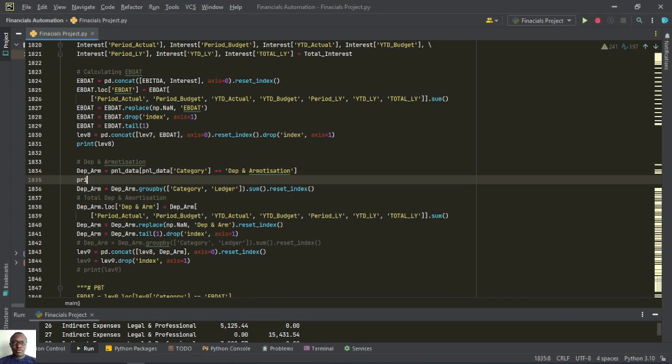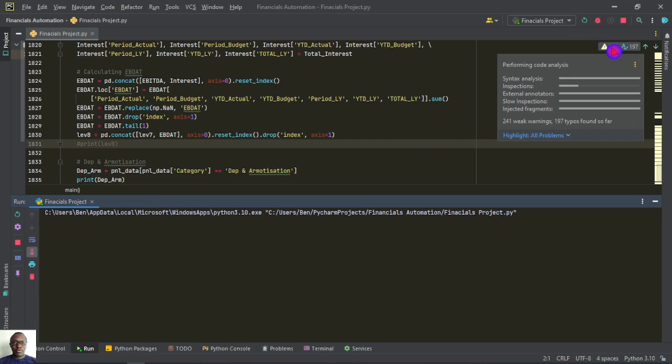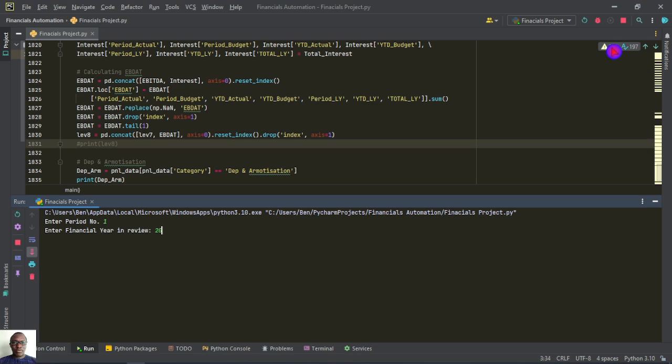So here we'll print in brackets dep_amortization. The period number is 1, and then the financial year in review is 2017.